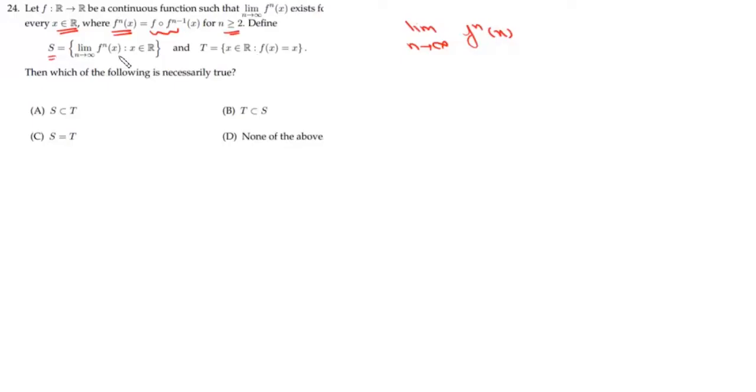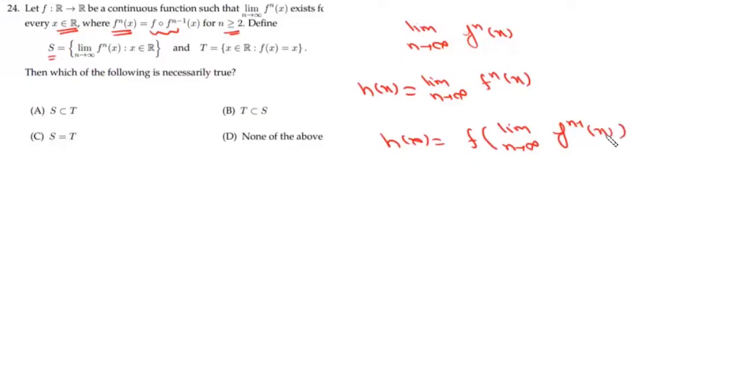Now we'll start with this limit. Limit as n tends to infinity of f^n(x), and let it be some function, say h(x). Now since f is continuous, we can write this h(x) as f of the limit as n tends to infinity of f^(n-1)(x). This limit as n tends to infinity of f^(n-1)(x) will again be h(x).